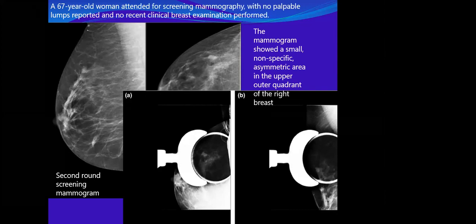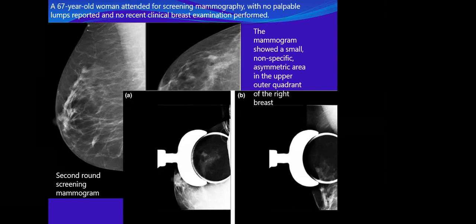We have seen many examples where spot compression demonstrates the focal asymmetry to represent a mass. But this looks still the same as on the standard view, it does not spread away. It is seen as a focal asymmetry since it can be appreciated on CC as well as on MLO. So we are dealing with focal asymmetry.